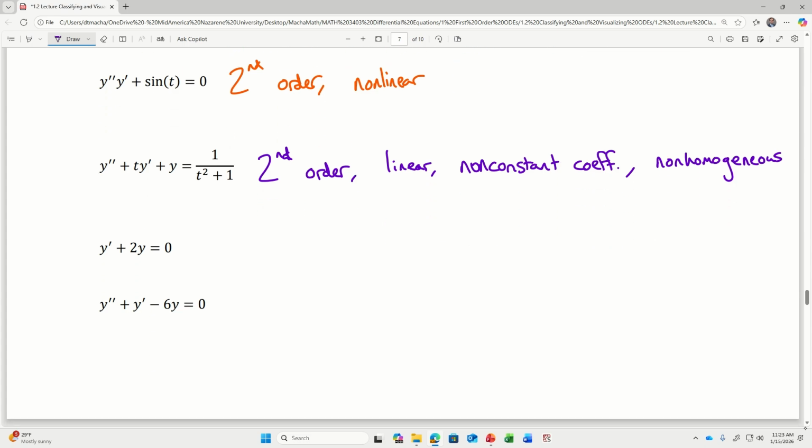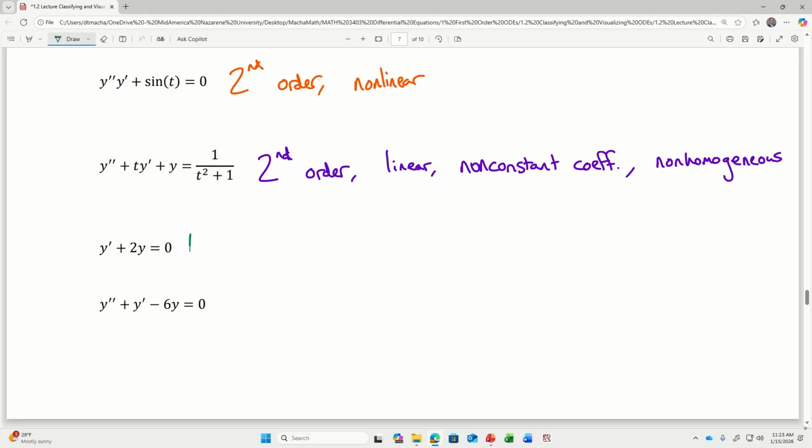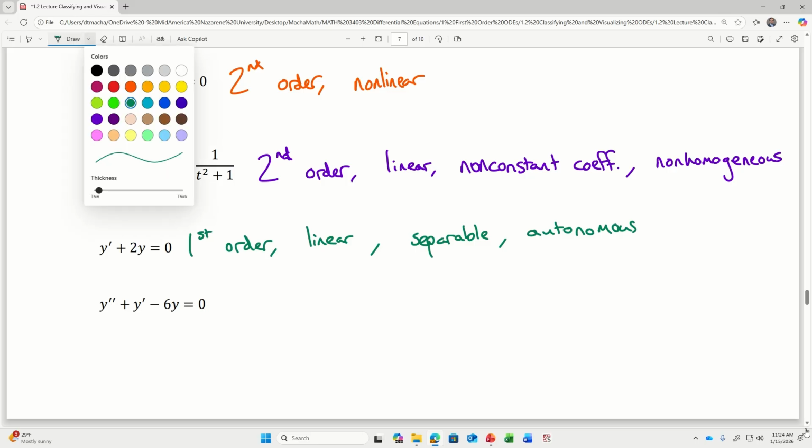Two more. y prime plus 2y equals 0. Is that first order, second order? First order. Is it linear or nonlinear? Linear. Is it separable or not separable? It's autonomous, so it has to be separable. Last one. First order or second order? Second order.